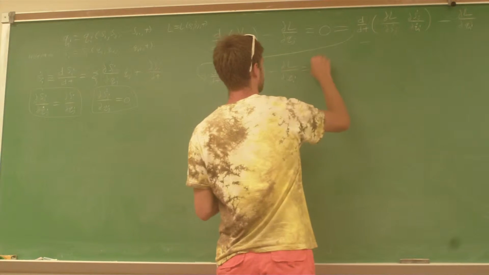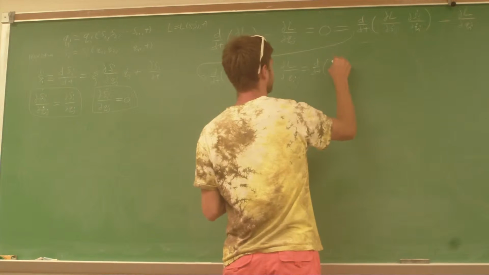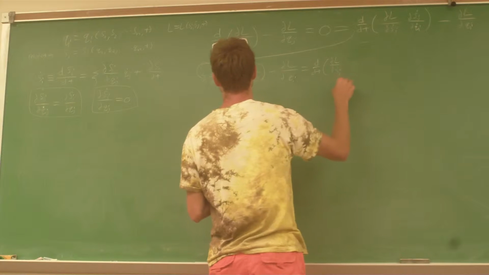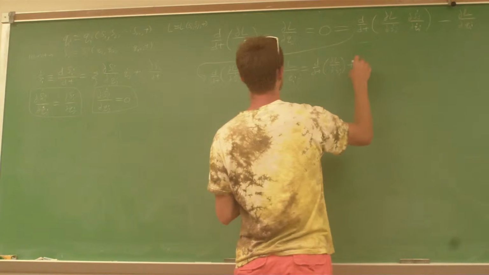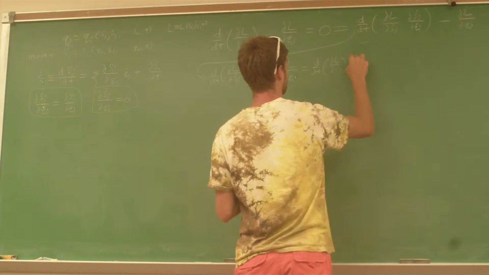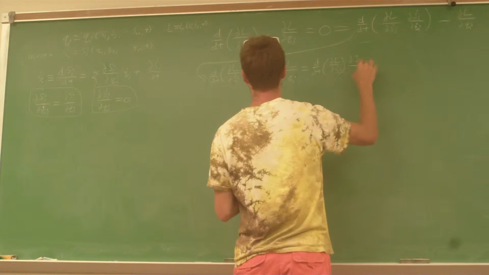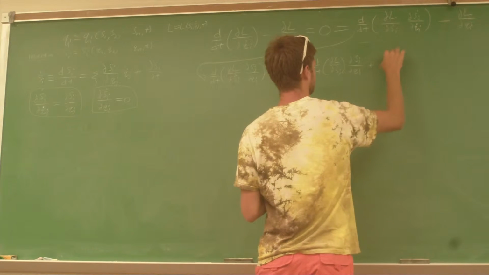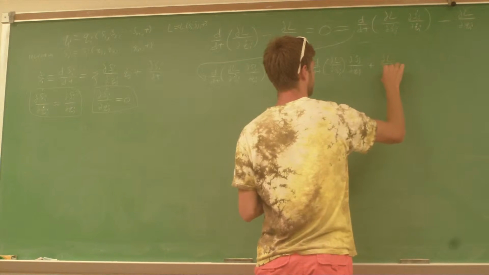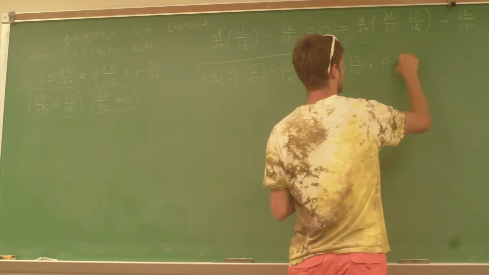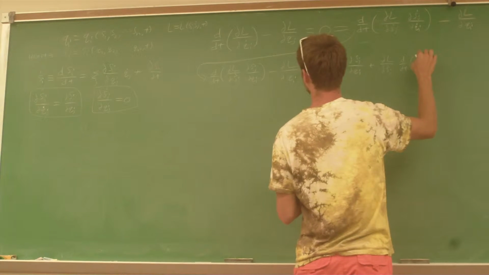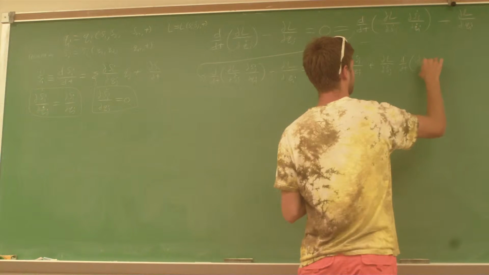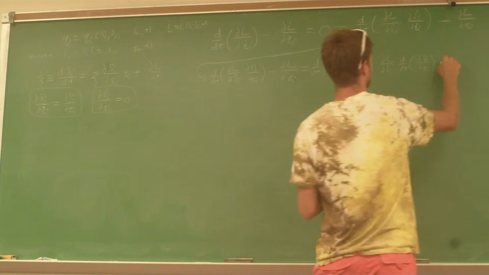So just d/dt of partial L with respect to S_j dot, times partial S_j with respect to q_i, plus partial L with respect to S_j dot times the time derivative of partial S_j with respect to q_i.